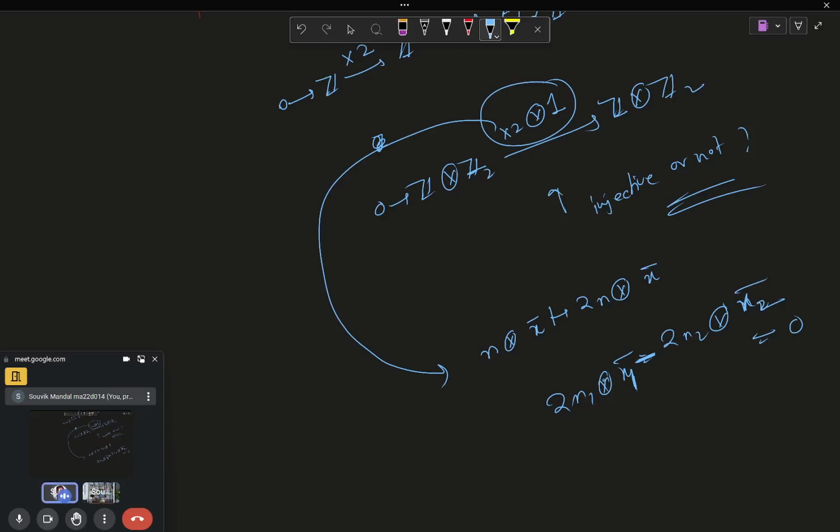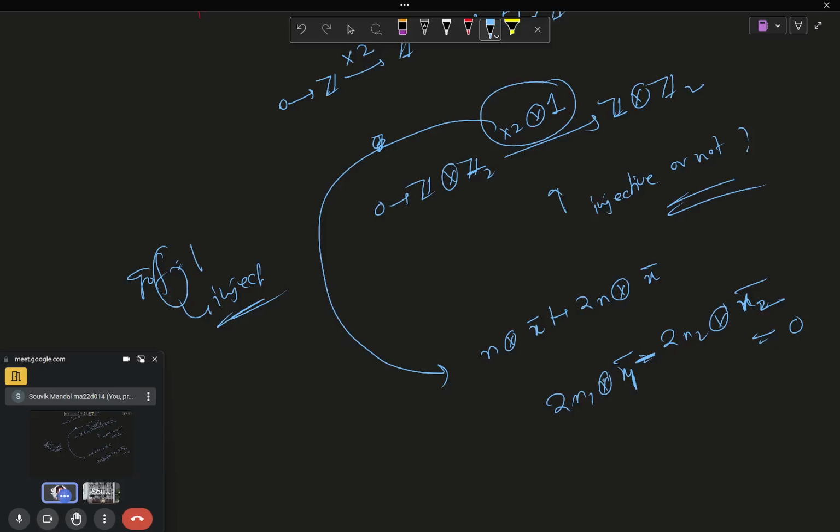You can't check whether it is exact just by looking this way. Only you can make a reverse map and show the composition is the identity. If you show that G compose F is equal to 1, then F is injective. I cannot proceed further from this explicit form of the tensor product.